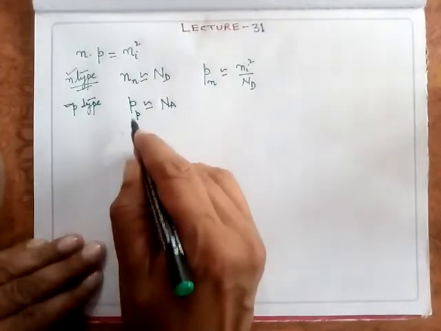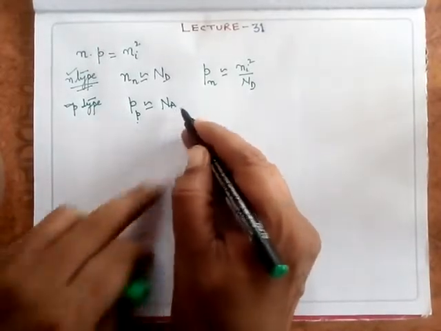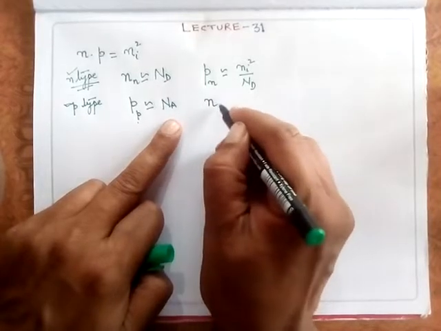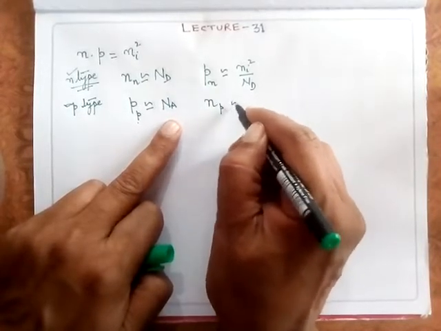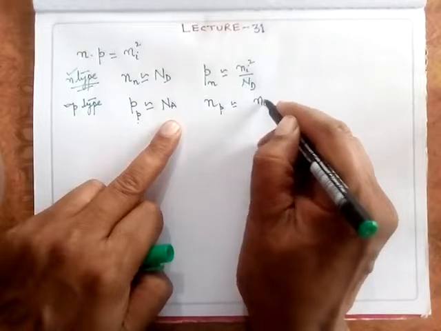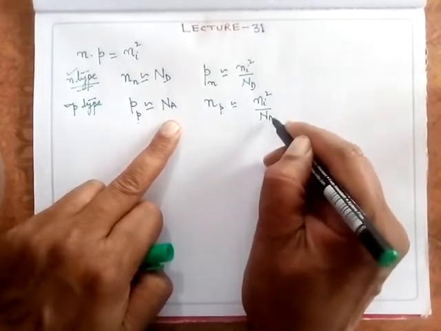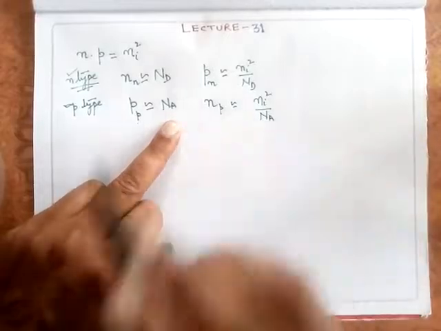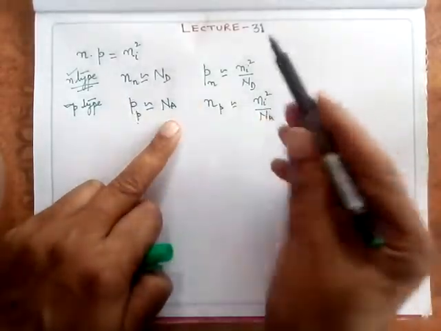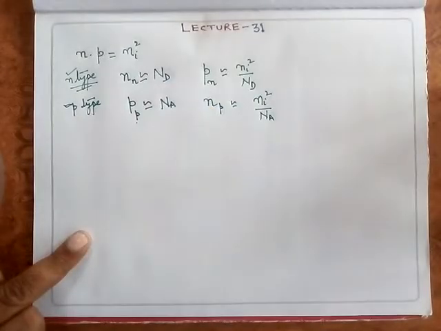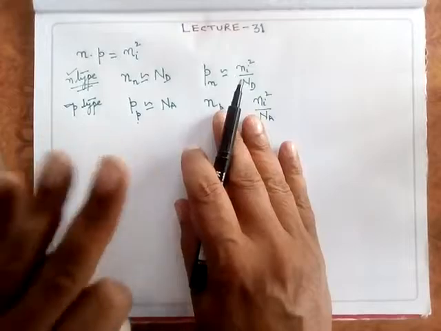So the holes in p type semiconductor is approximately equal to the acceptor concentration, and the electrons in p type semiconductor is approximately equal to Ni square upon Na, where Na is the acceptor concentration. And of course in intrinsic semiconductor the number of electrons per unit volume is equal to the number of holes per unit volume. So let's do some numericals based on it.